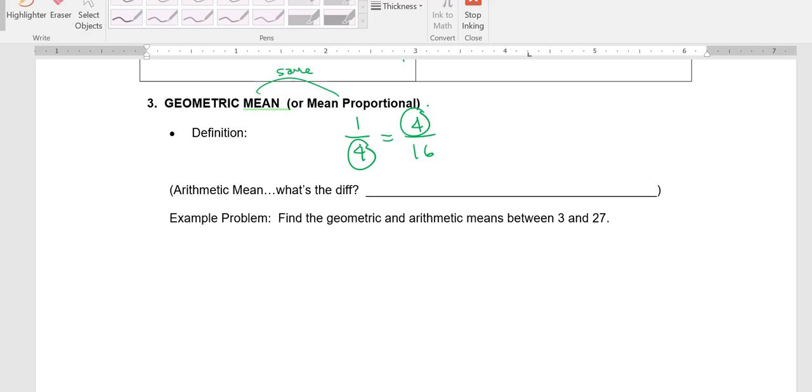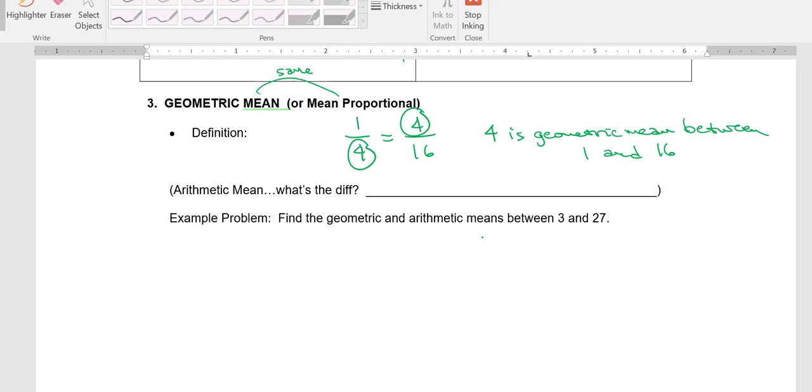They're the same. So in this case, 4 is the geometric mean between 1 and 16.